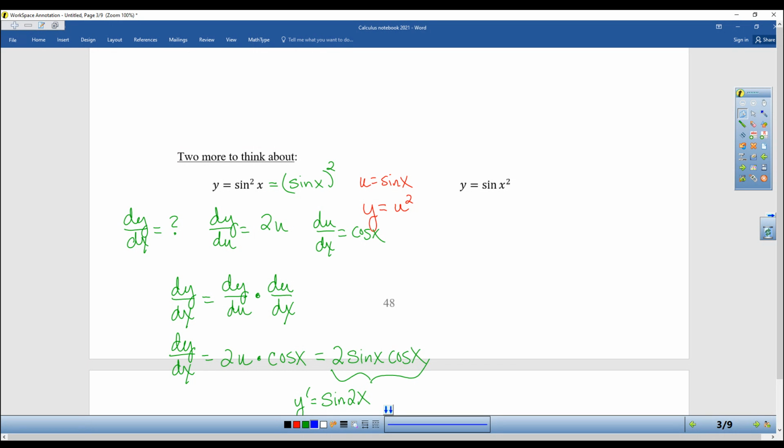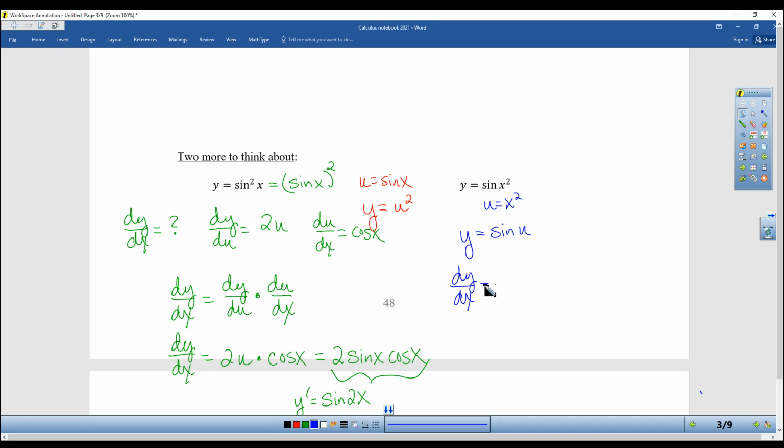Okay, last one. u is going to be equal to x squared. Why did I do that? Because a derivative that I do know is sine of u. That's a basic derivative. No insides are needed. So now I'm going to do dy/dx.